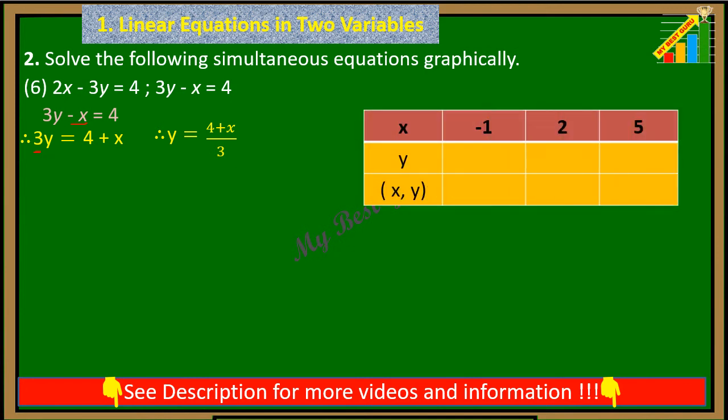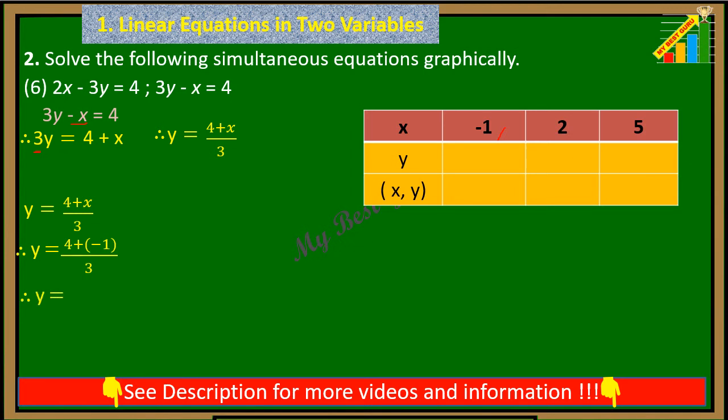Now we will put the values of x as -1, 2 and 5. So you have y is equal to (4 plus x) divided by 3. As we are putting the value of x as -1, we will get y is equal to (4 plus -1) divided by 3.